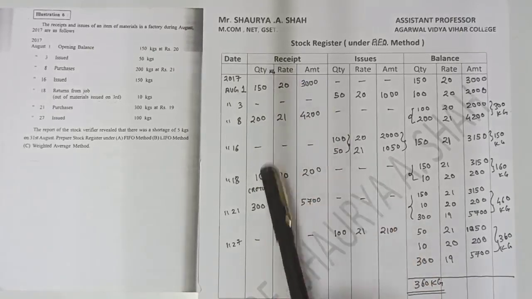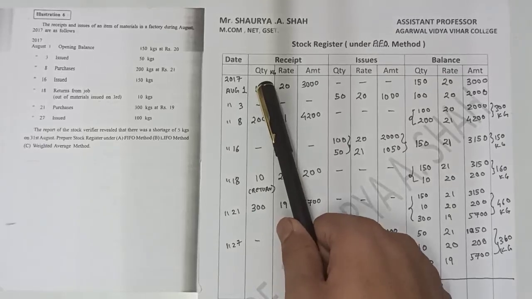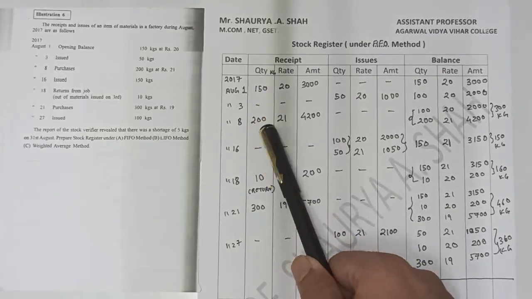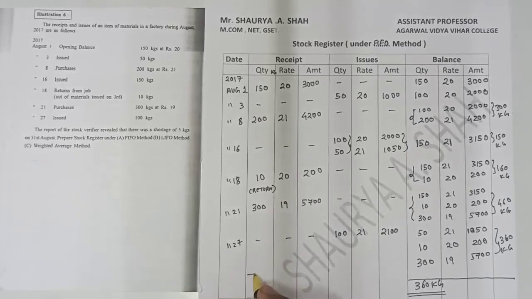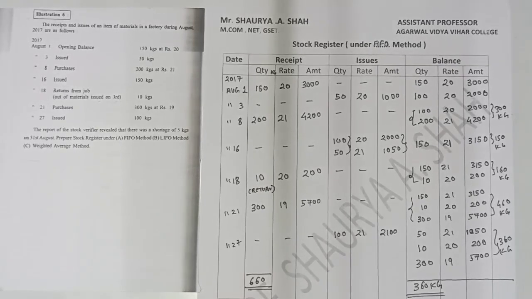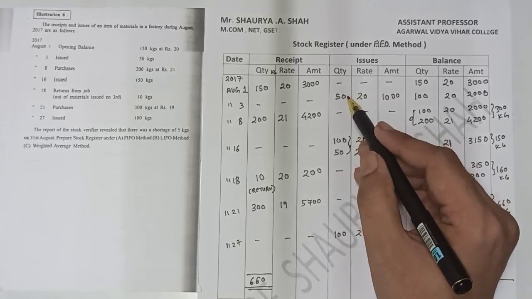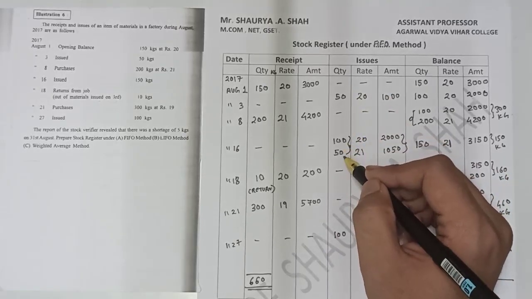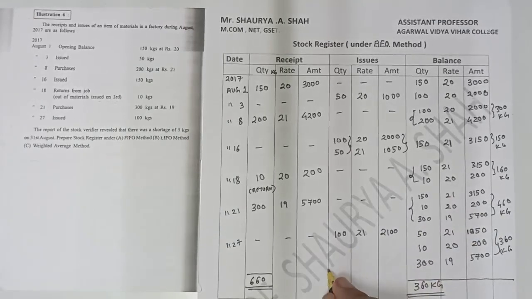Do the total of the receipt side also, right? So receipt side 150 plus 200, 350 plus 10, 360 plus 300 gives me 660. Right, always you need to do the total also in the sum, students. So 660 is the total of receipt. Issue total: 500 plus 100, 150 plus 50, 200 plus 100, 300, right?